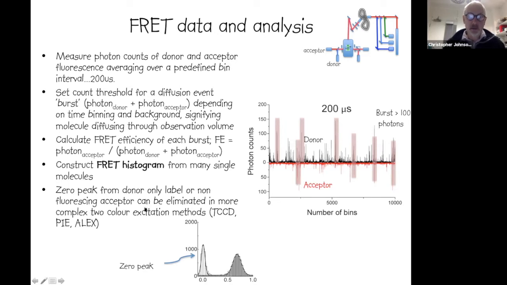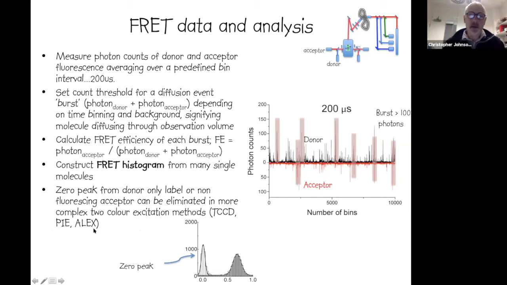This zero peak can be eliminated using more complex pulsed excitation methods of FRET. If you read in the literature, you may see references to various other applications of FRET, such as pulsed interleaved excitation and alternating laser excitation methods.